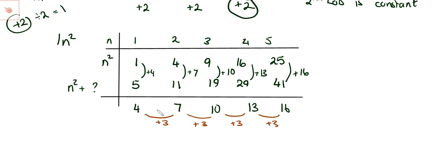What is a rule for just this sequence? Forget the rest at the moment. If I write a rule just for these numbers, it goes up by 3, so what's the rule? 3n.